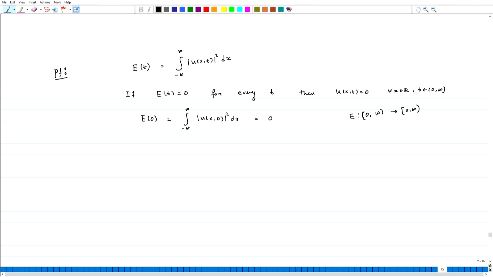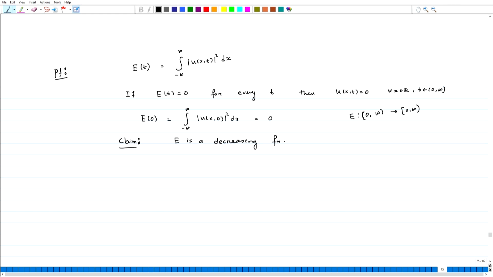Now, if we can show that E is a decreasing function of t, therefore E(t) is going to be 0. So, claim: E is a decreasing function.